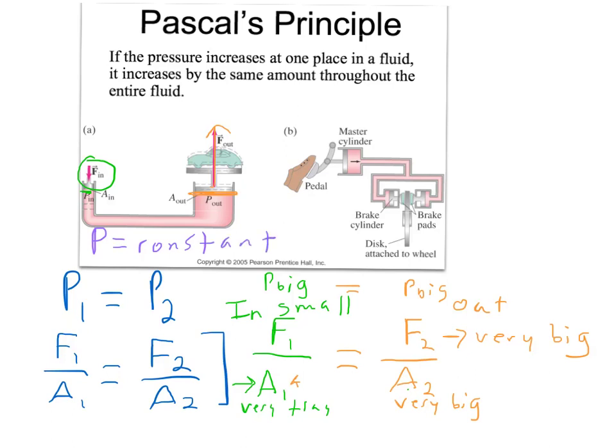And if we try to spread out our pressure over a large area on one side of the jack, we end up with a big force, because the P everywhere has to be the same. And that's how we build jacks.